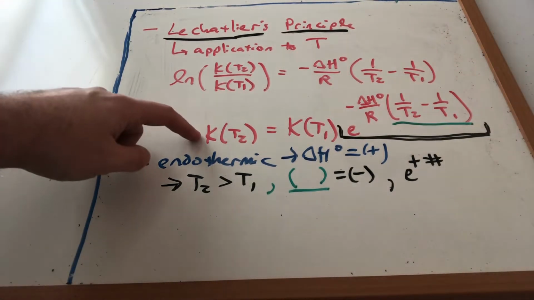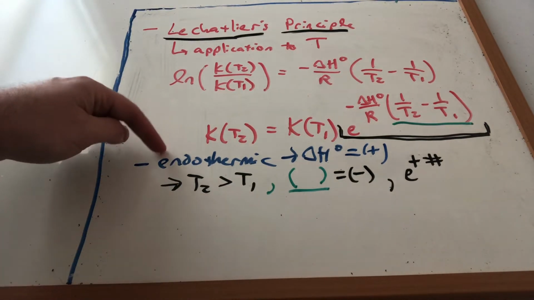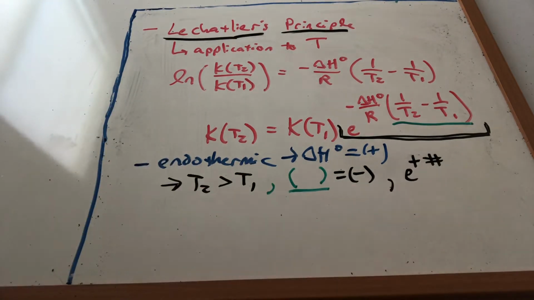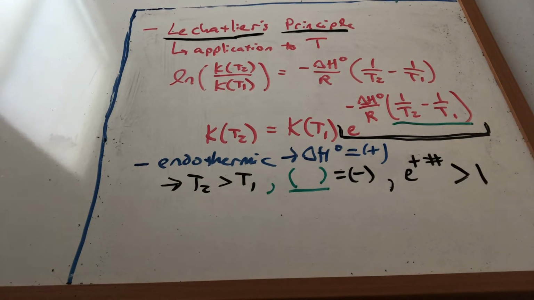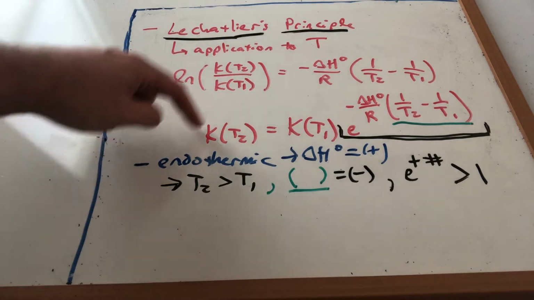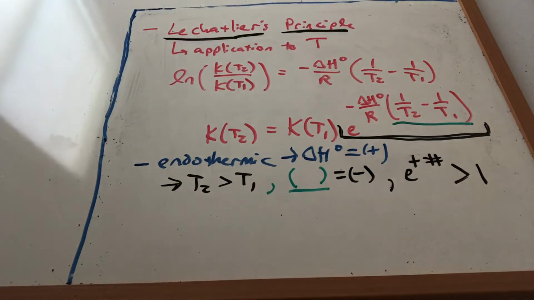So what happens to K if T2 is greater than T1? For an endothermic process, e to a positive number is a number that's going to be greater than 1. So our new K looks like our old K times a bigger number, a number that's bigger than 1.